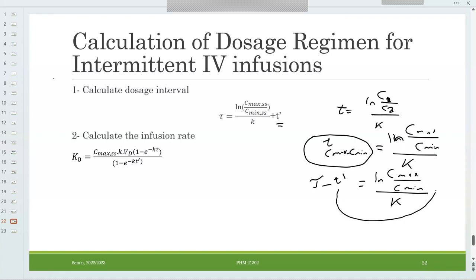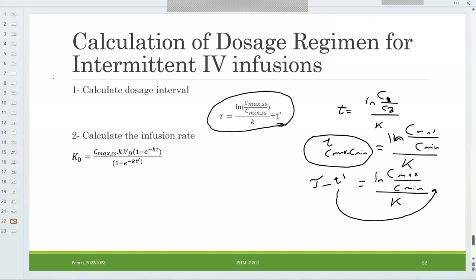So you take T prime to the other side, then you get this equation. So tau equals ln Cmax divided by Cmin, divided by K, plus T prime. So this is the equation for calculation of tau in the intermittent intravenous infusion, short infusions.